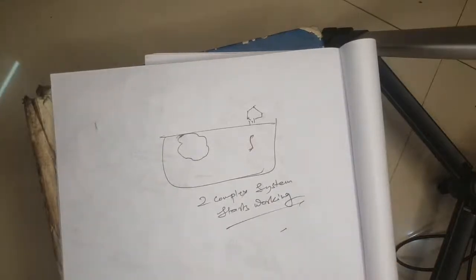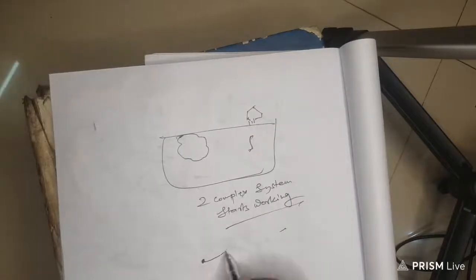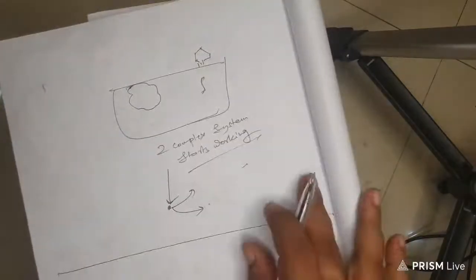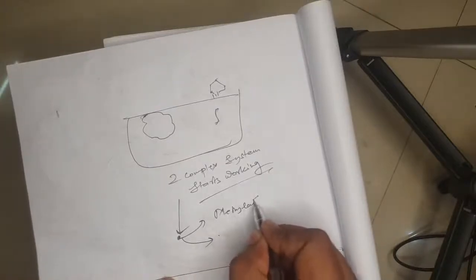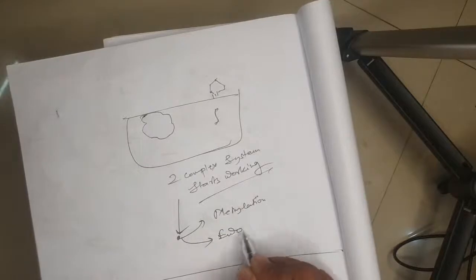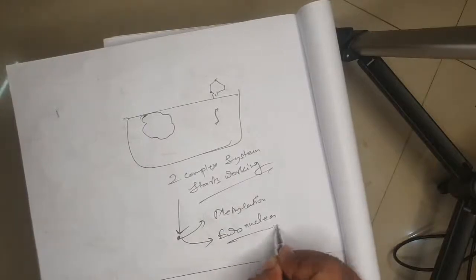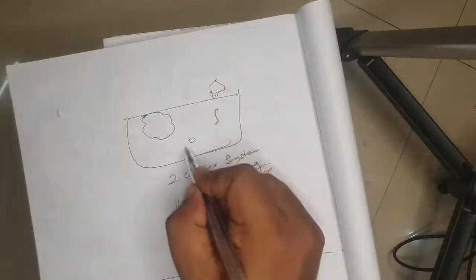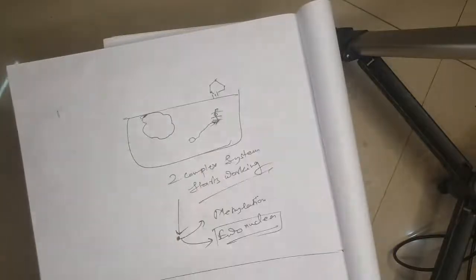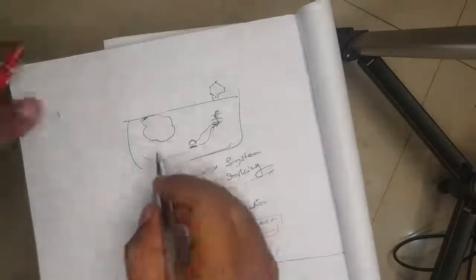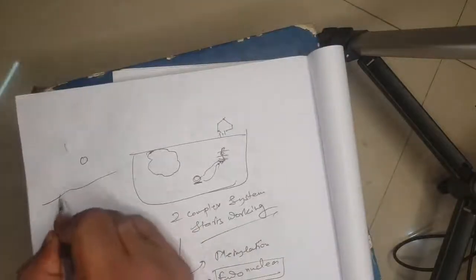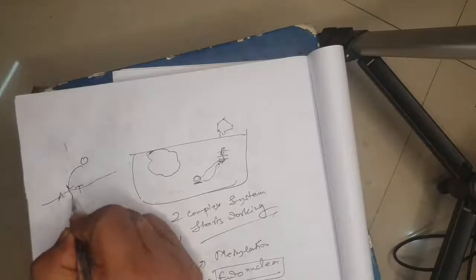Now, when the system starts working, you will think, okay, fine, there is DNA methylation and endonuclease, and one part of the system, the endonuclease, will go and break it down. Suppose an endonuclease is there and a DNA strand is there, and between A and T it goes and cuts the DNA.